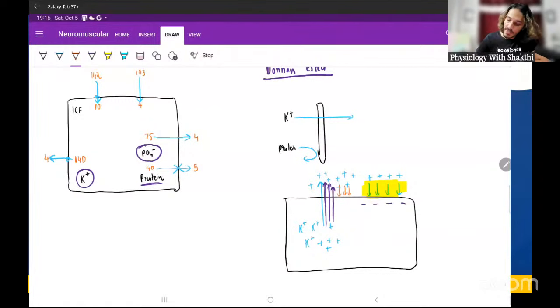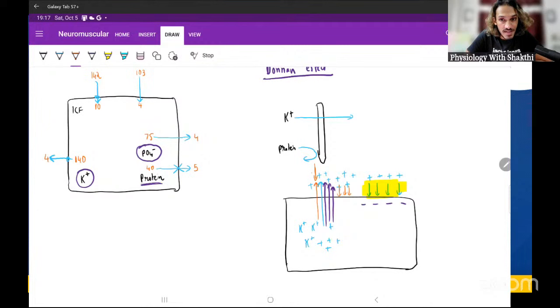With time, what is happening? More and more positive charges are building up on the other side, which is creating a membrane potential. And as the membrane potential keeps on increasing, at some point this flow based on concentration gradient will be negated by this membrane potential until no net movement is happening.